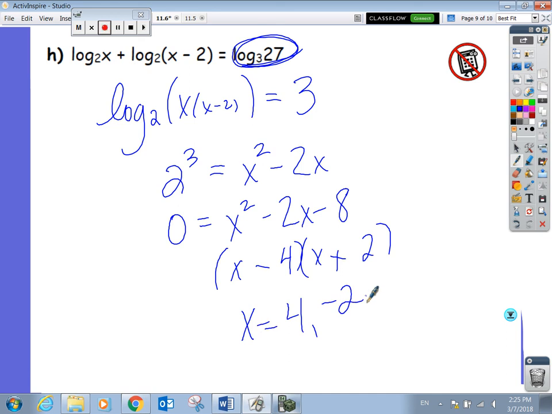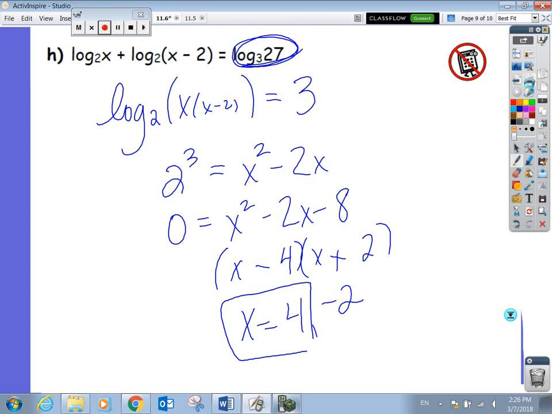But check. 4 works. Negative 2 does not work. So 4 is our only solution. Negative 2 is just an extraneous solution. It's a solution, but in this particular problem, it does not work. It is an extra wrong answer.